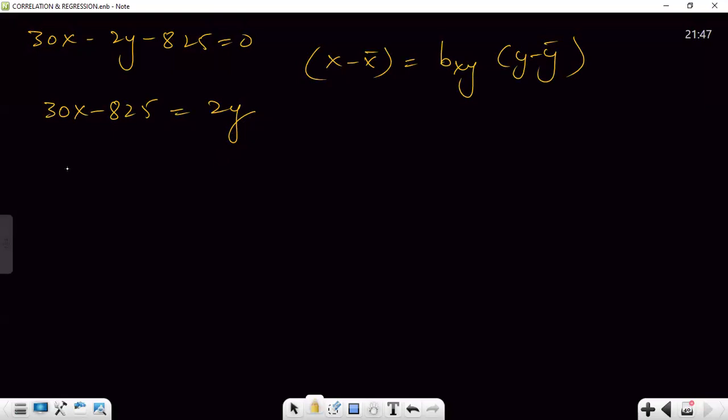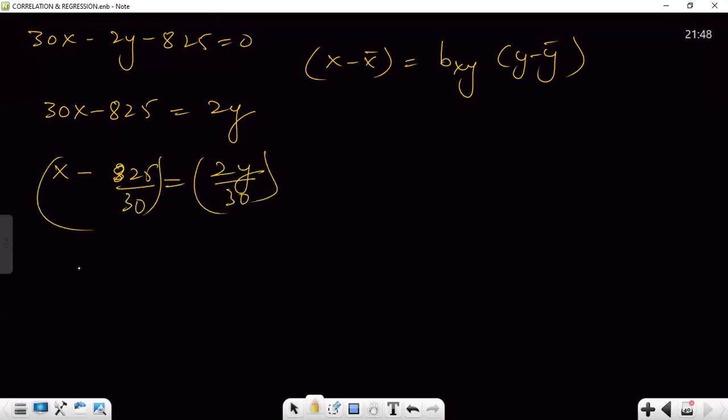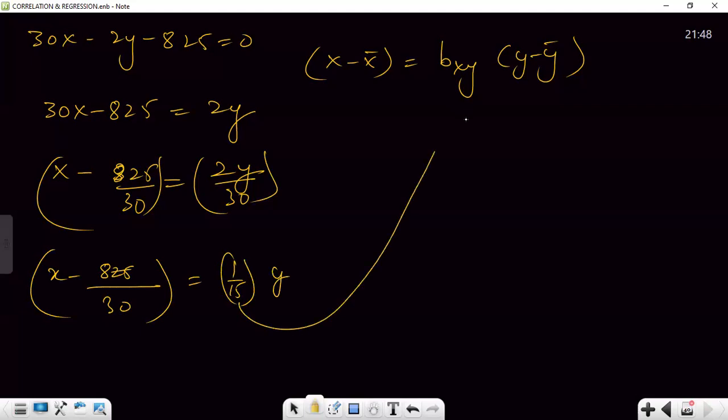So dividing by 30, x minus 825 divided by 30 is equal to 2 by 30, 1 by 15 basically, into y. So this has become bxy. bxy is 1 by 15.